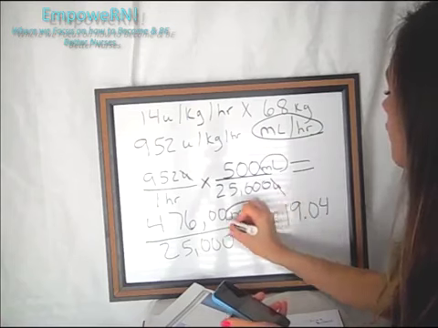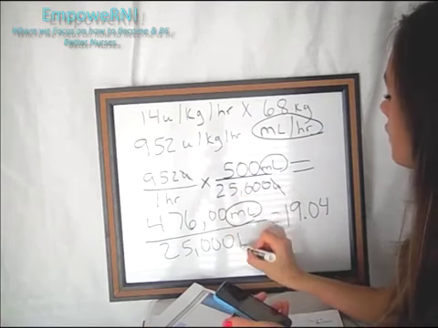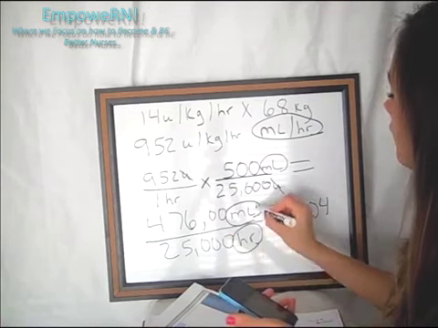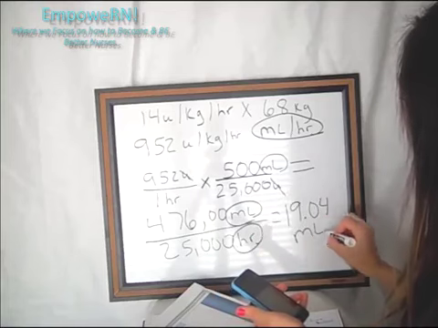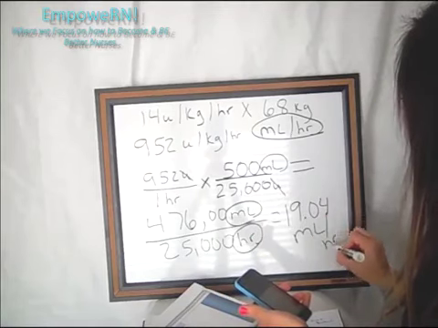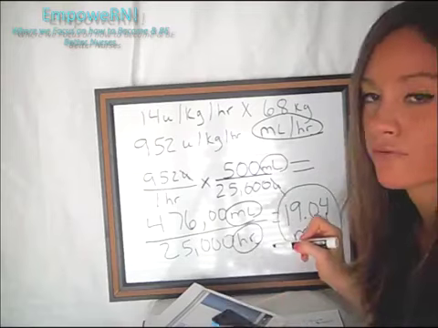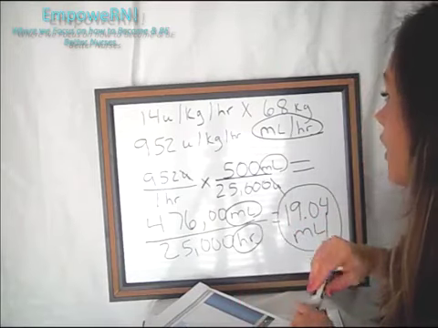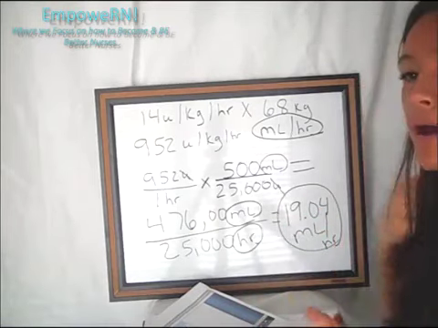And what do we have here? mLs. And what should I have brought down here? Hours. So we have mLs per hour. So 19.04 milliliters per hour. Okay.